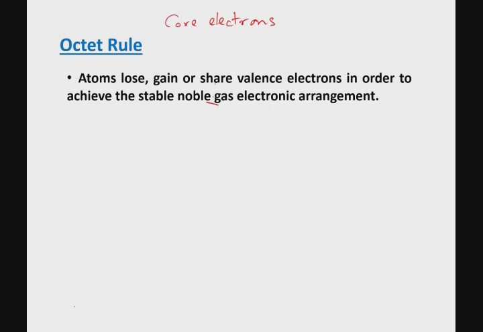That is what we call a full valence shell, and that gives a tremendous amount of stability to those atoms, which makes them pretty inert, unreactive, not wanting to form chemical bonds. So all other atoms will either lose, gain, or share electrons, their valence electrons only, in order to achieve that same electronic arrangement.